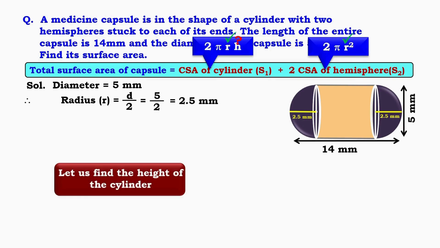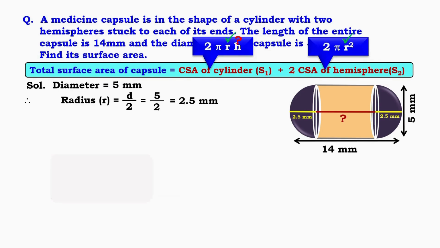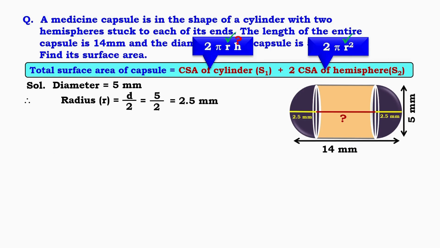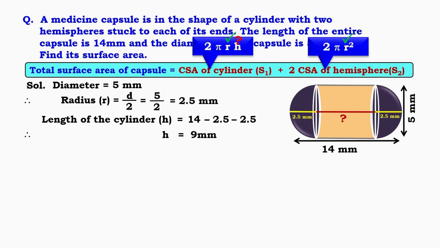Now we need to find the height of the cylinder. We know the total height is given, but in a hemisphere the radius is the same as the height, so that is 2.5 millimeter each. So the length of the cylinder will be the total height minus the height of one hemisphere minus the height of the other hemisphere. So that is 14 minus 5, that is 9 millimeter. So now we got the length of the cylinder, that is h.